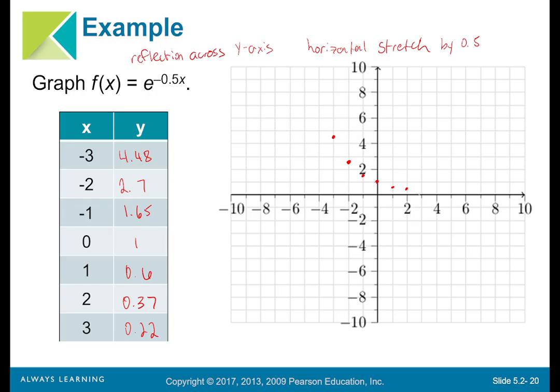And 3, 0.22. And so now I just draw my line. I could go a few points back to the left if I wanted to be super accurate, but I'm sure it comes down somewhere like this and across our axis here. And so that's this function, e to the -0.5x.